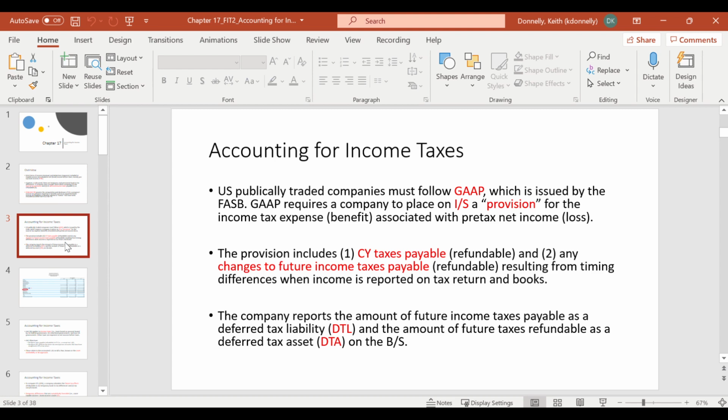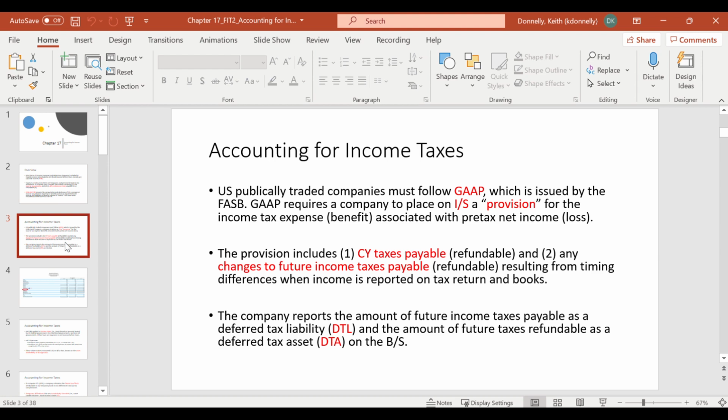And GAAP says, hey, you have to put a provision for income tax expense on your income statement. And the provision is basically going to be how much current tax expense you have, and then as well, what are the tax effects in the future in light of temporary differences? So it's kind of what's going on now, what's going on later.